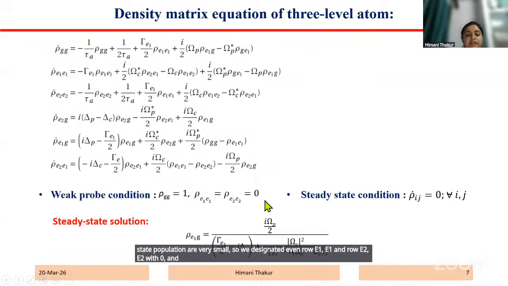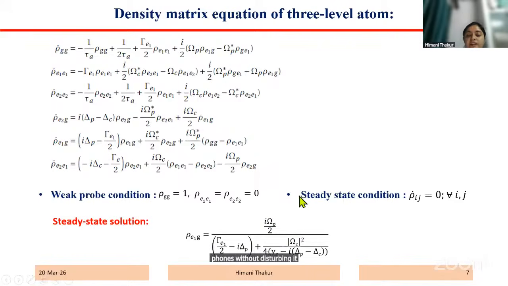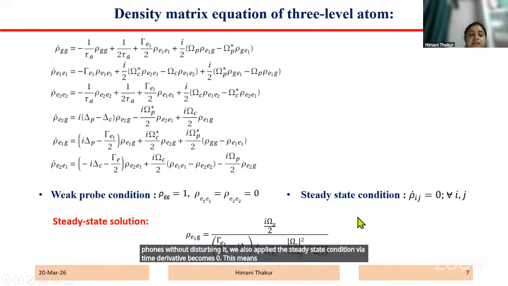This simplifies the equation and allows us to study the response without disturbing it. We also applied the steady state condition where the time derivative becomes 0. This means the system has reached equilibrium and doesn't change with time.